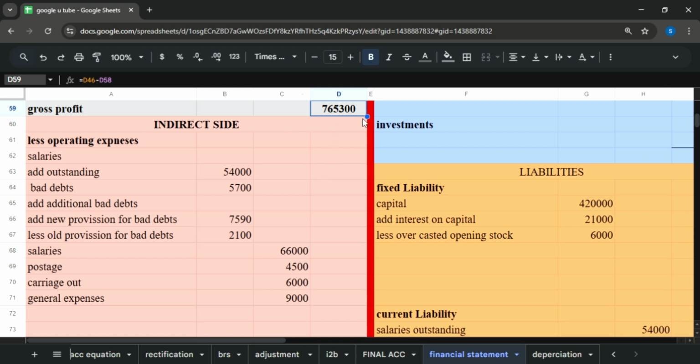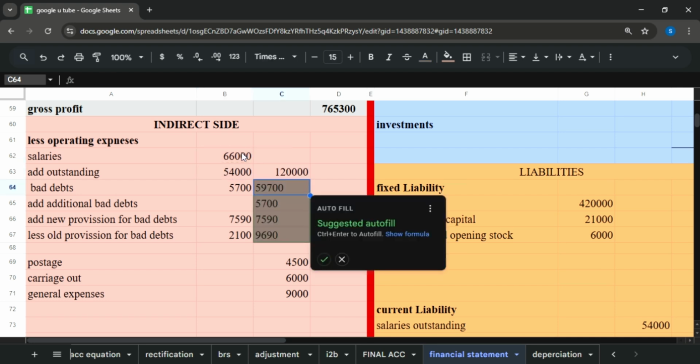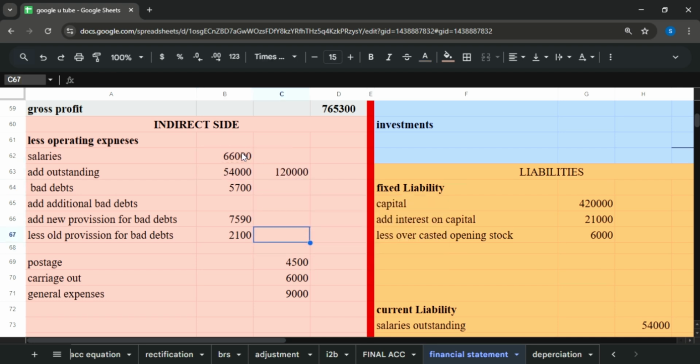So 765300 gross profit is there, and salary 66,000 were supposed to be written over here, and you may erase it. Alright, now 66,000 was amount of salaries, outstanding salaries 54,000, and now we can get answer of bad debt adjustment.